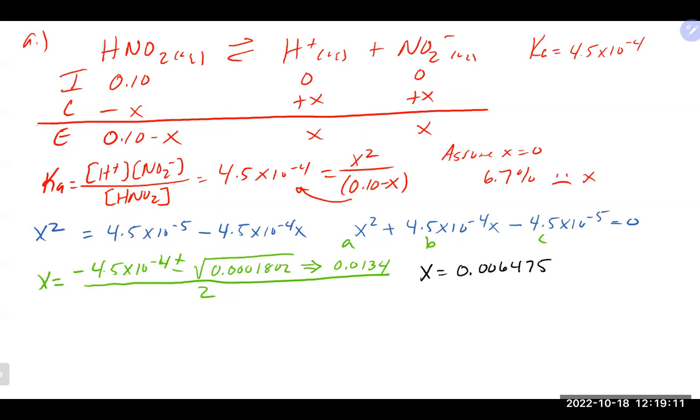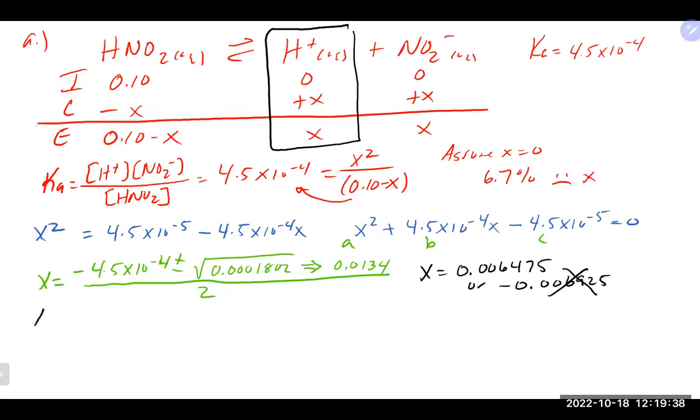gives us an x value of 0.006475. We do the subtract there, which gets us an x value of minus 0.006925. Once again, since we are interested in the pH, which is equal to x, we clearly cannot have a negative number here. That means we should roll with the positive number.